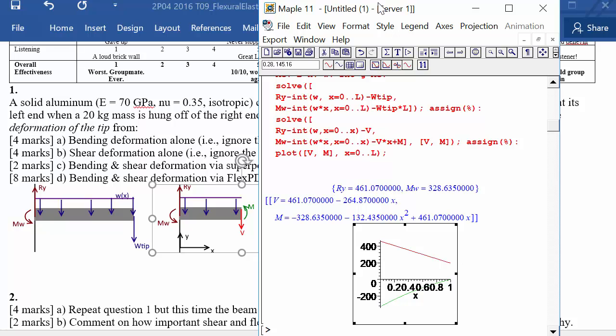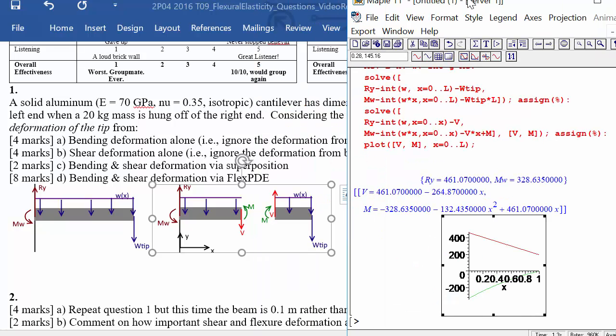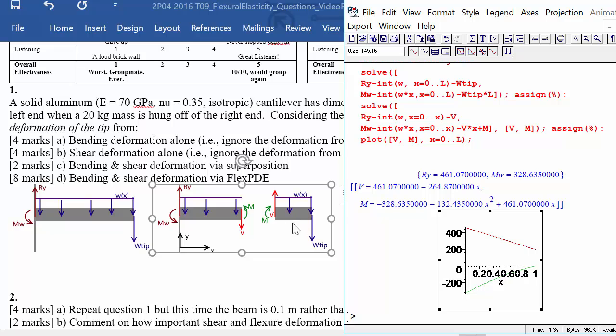So that works out. Now this is the same as we would have gotten if we were looking at the other side. So you could say, all right, at the right hand side, the force up that the left part of the beam must be putting on this thing must counteract the force of the tip weight there, and then it has to rise up more as it's supporting more and more weight of the aluminum until we get over to the left, where it is the same as the force that the wall is putting on this beam.